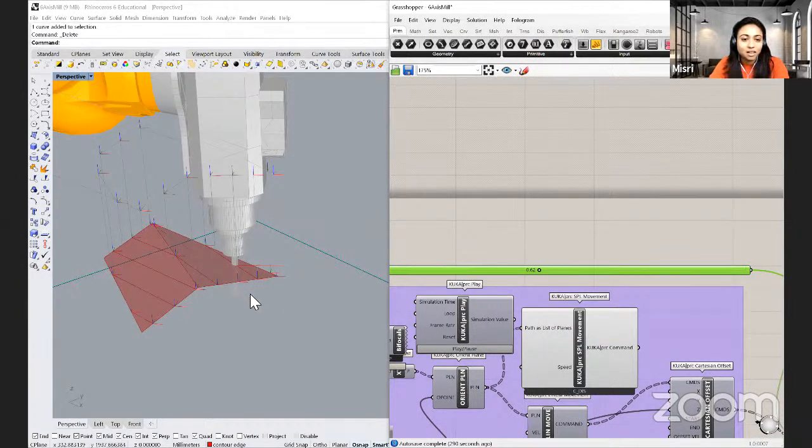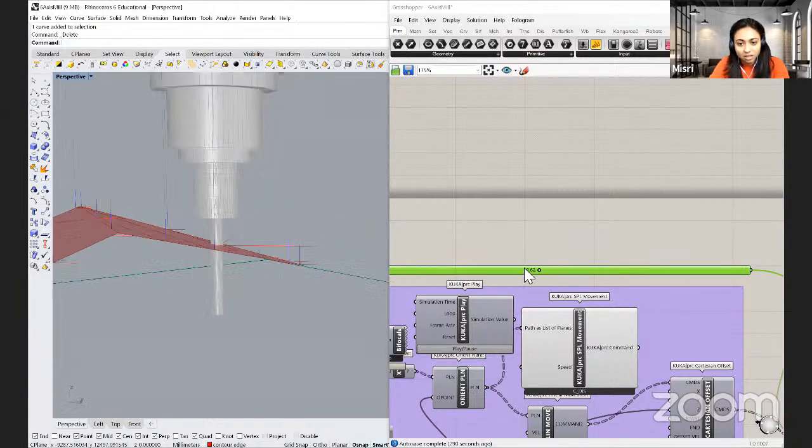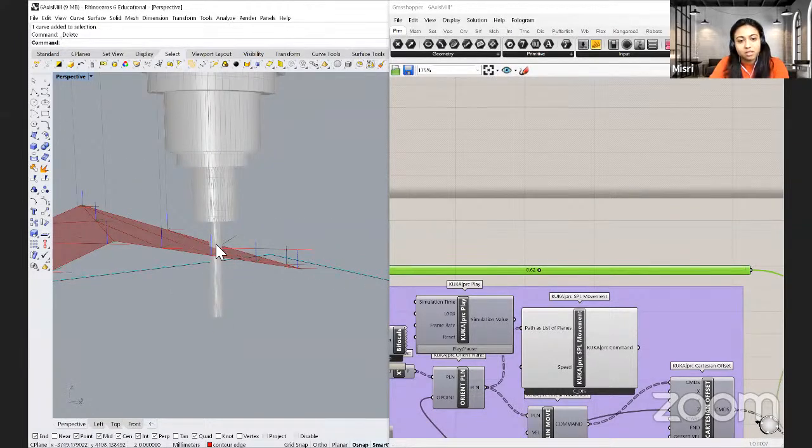But I'm also hoping this gives you a fair sense of how much it enters the material, because then we're trying to consume all of those lines as geometry that is being milled out.